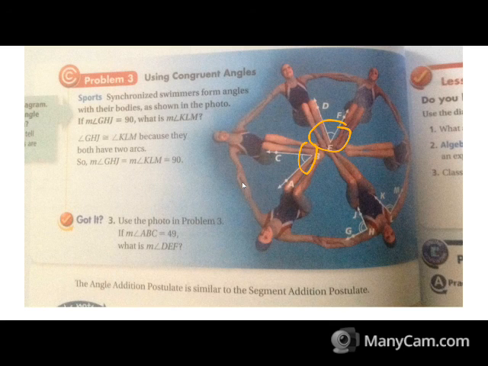Since angle GHJ has 2, you can see that angle KML also has 2. So these two are congruent. Because they have 2 arcs, well, not tick marks, arcs, since this is 90, this is also going to be 90 degrees. Why don't you try the got it on page 16 in your student companion.